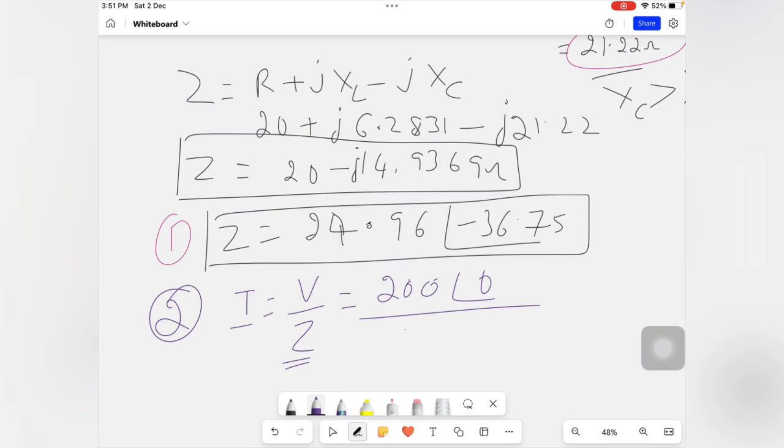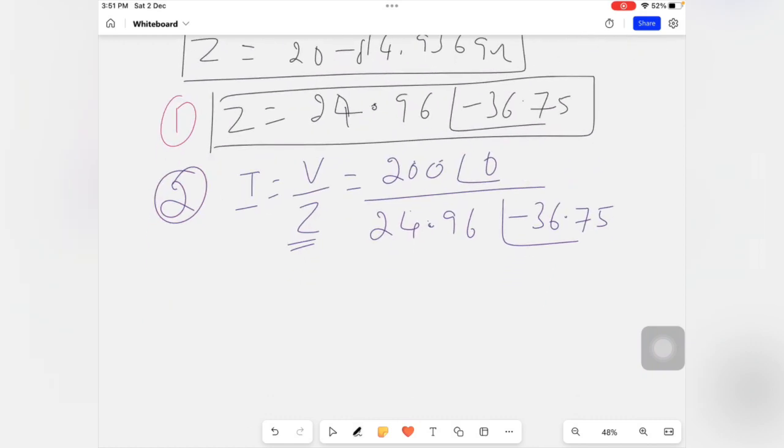And what is the impedance value? 24.96 at an angle of minus 36.75. Now when you simplify, you divide this and get the answer. When you take this angle to the numerator, this angle becomes 0 plus 36.75.